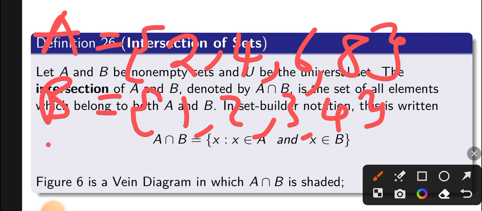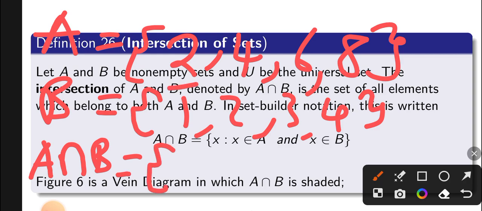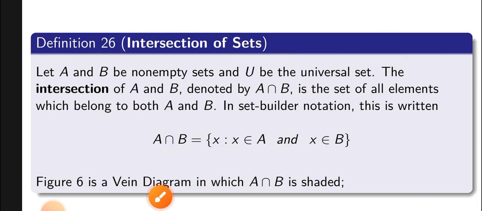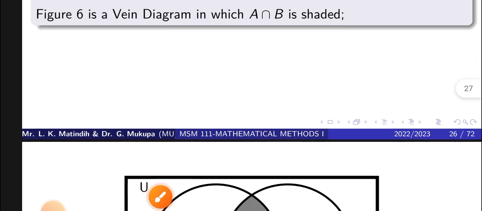When they ask you to find A intersection B, you just look for what is common. So we have 2 here and 2 here, 4 here and 4 here. So you just say 2 comma 4, and you are done.